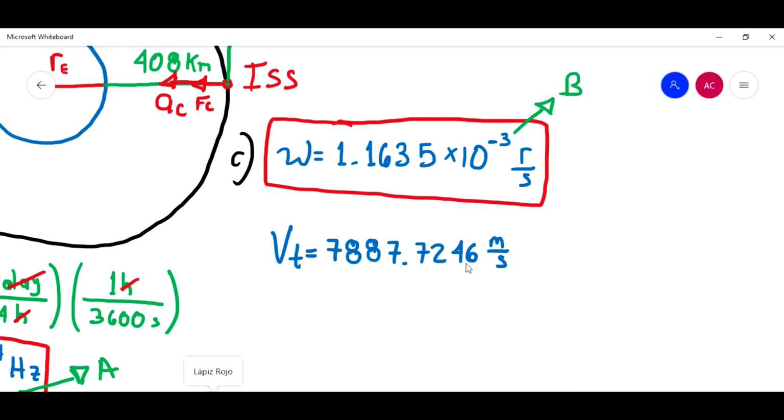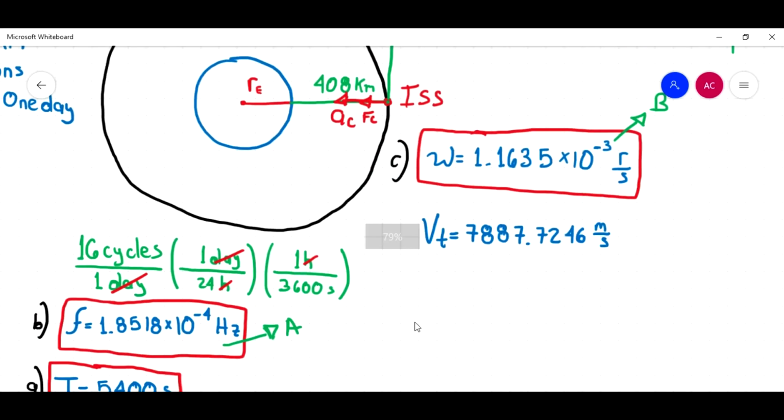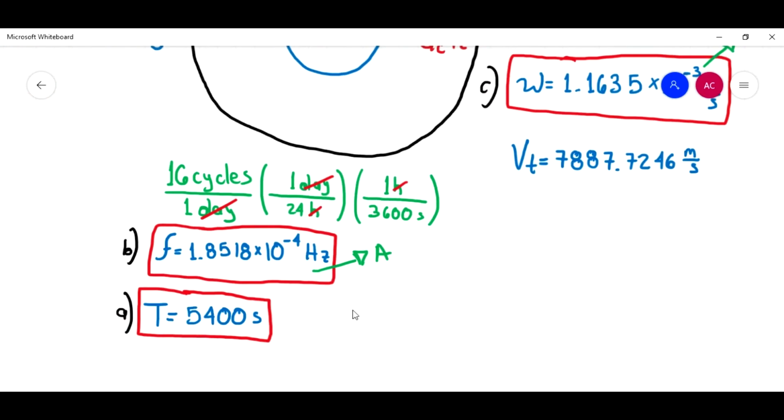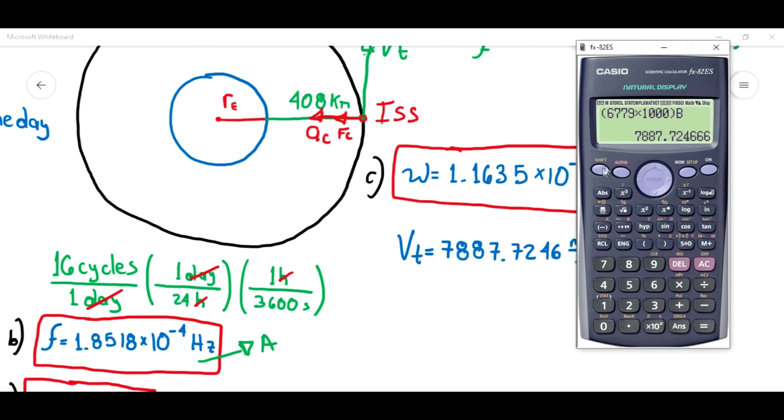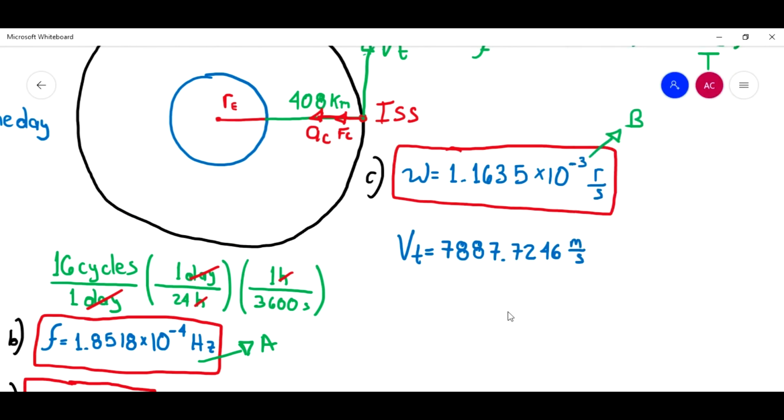That's a lot. That's why the International Space Station completes a full cycle around the Earth in 5,400 seconds. I'm going to save this value in my memory C, and I'm going to circle this.